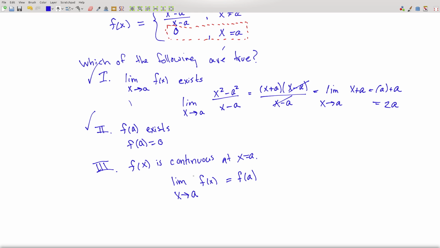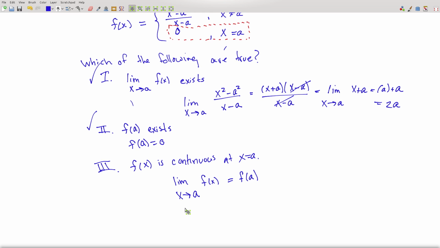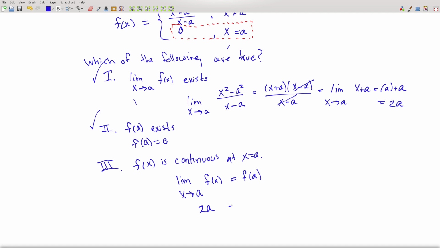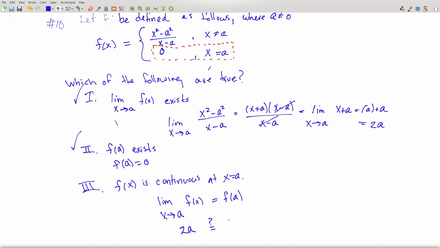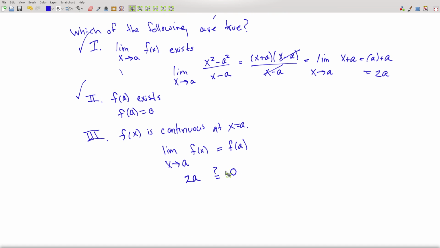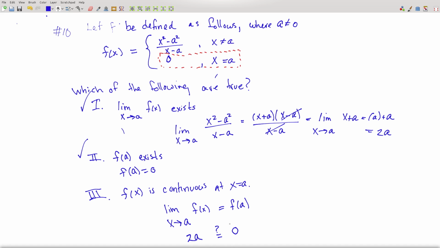But we've done a lot of this work. On the left-hand side, that was what we figured out in statement number 1. We actually did the work, and we found that the limit as x approaches a of f of x was 2a. Now, does this equal the value of f of a itself? Well, the value of f of a itself, we decided, was 0, because that's what it says. Well, does 2a equal 0? We can say no. And the reason we can say no is because of this little fact that they gave us in the original problem right here.